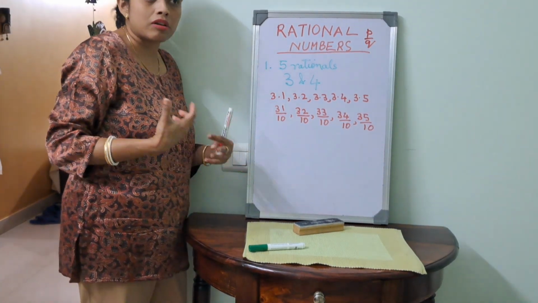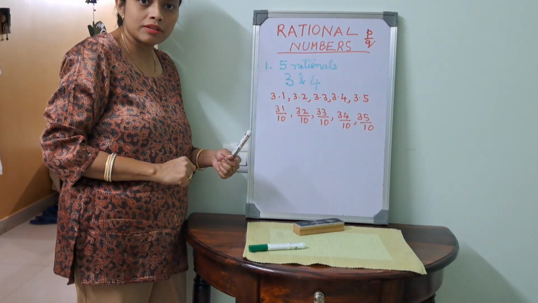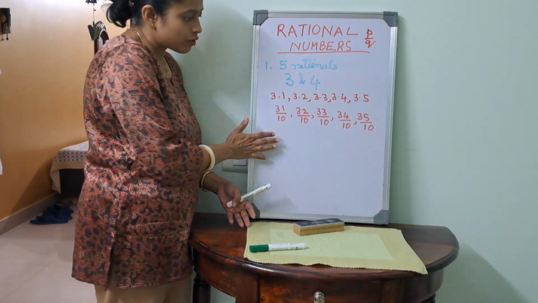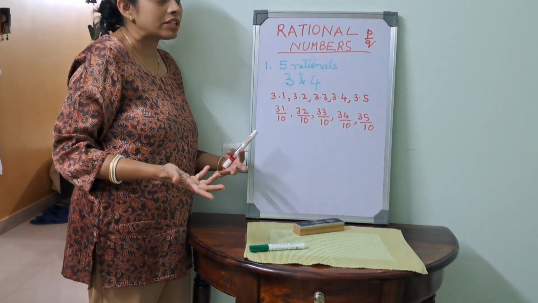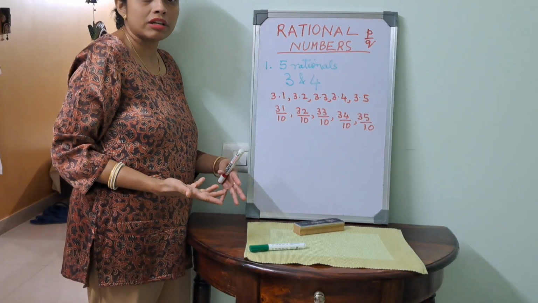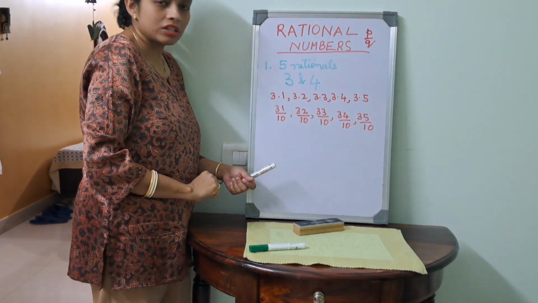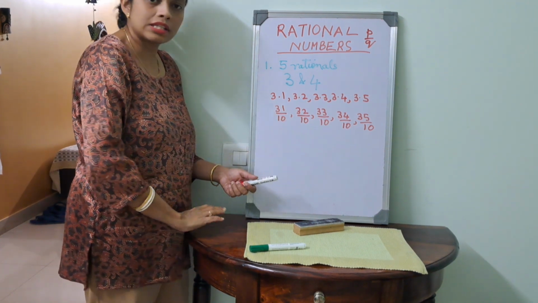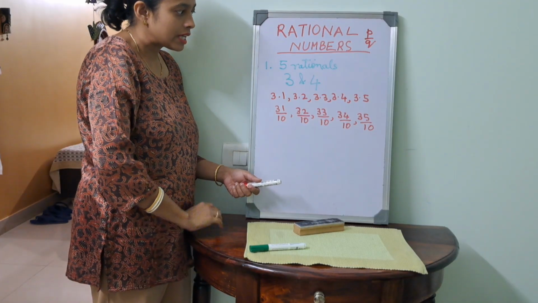So decimal numbers can also be written in the form of rational numbers, right? So decimal numbers are also rational numbers. So this is the easiest way of finding them. There are many. If they tell you 10 rational numbers, 20 rational numbers, you can find them between two given rational numbers, right? So this was an easy sum. I hope it's clear to everyone.